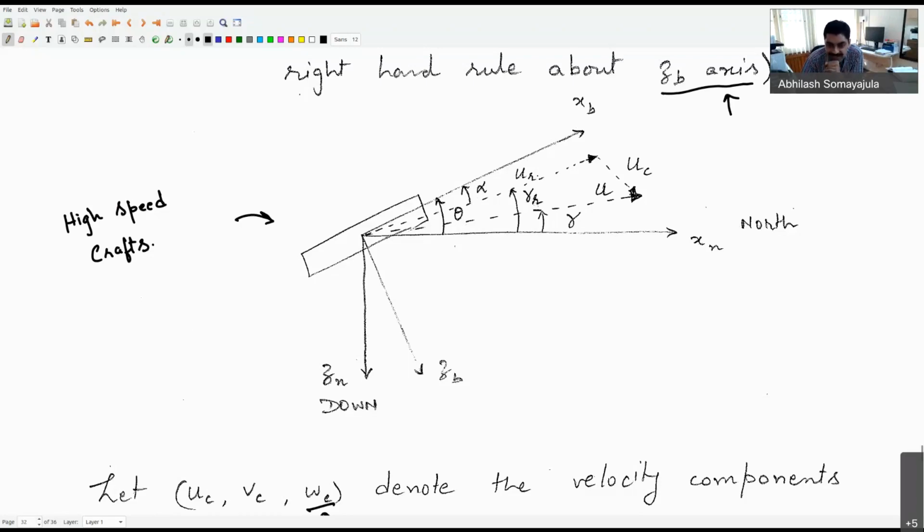Notice that this angle is taken in the anti-clockwise direction. Why is it taken in the anti-clockwise direction? Can anybody tell me? This angle theta is nothing but the pitch angle. Why is it taken in the anti-clockwise direction?